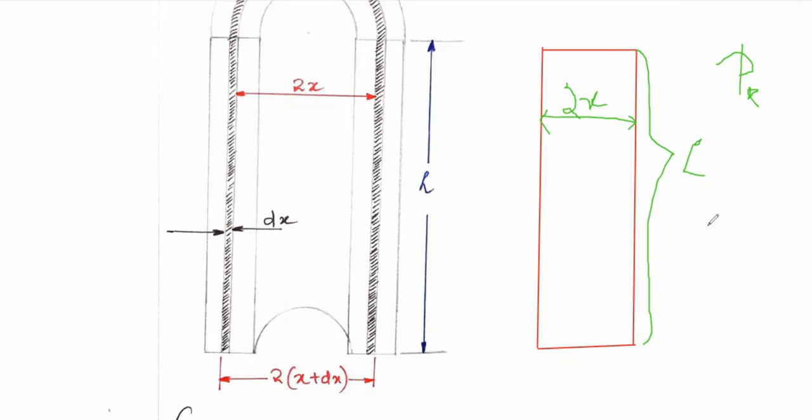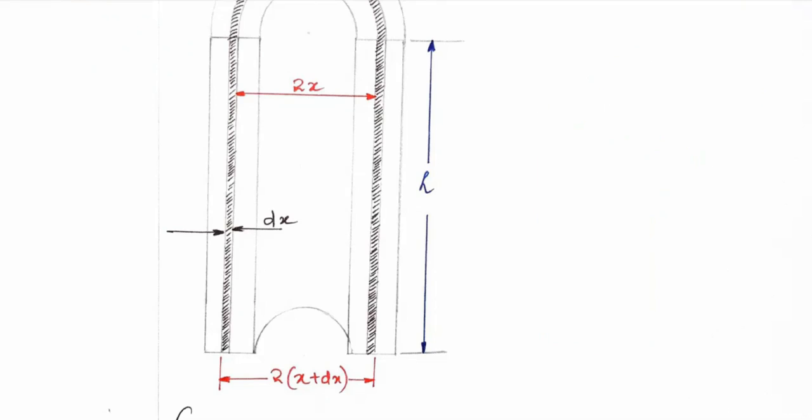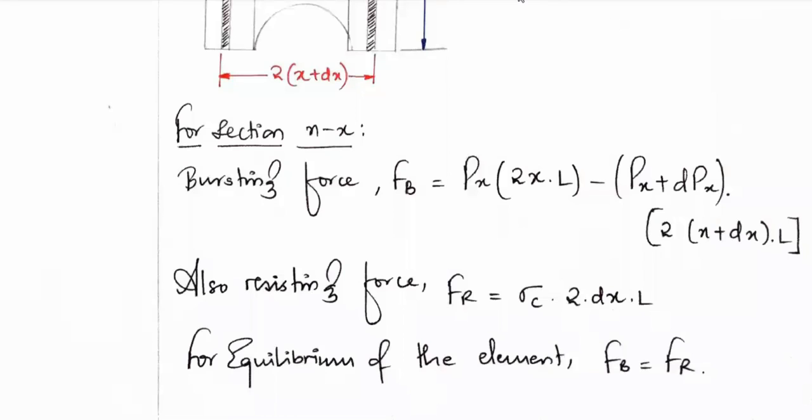Area of the rectangle is length into breadth. In this case, length is L, breadth is 2x. So the area becomes 2xL, and that is what I have written for you people. Area I have written as 2x into L. The pressure which is acting outwards, I have taken as positive.